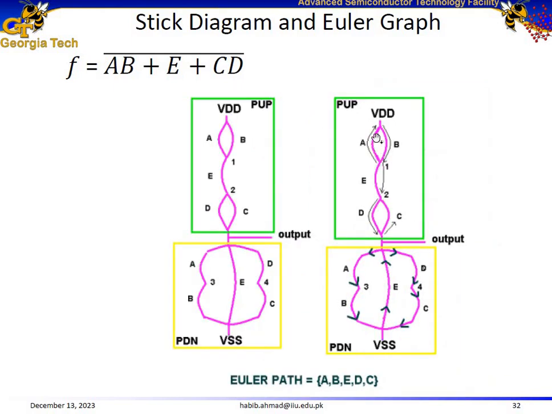So one Euler path could be A, B, E, D, C for the pull-up network, and A, B, E, D, C also works for the pull-down network.